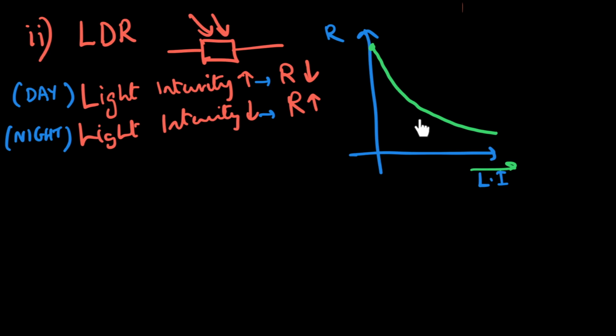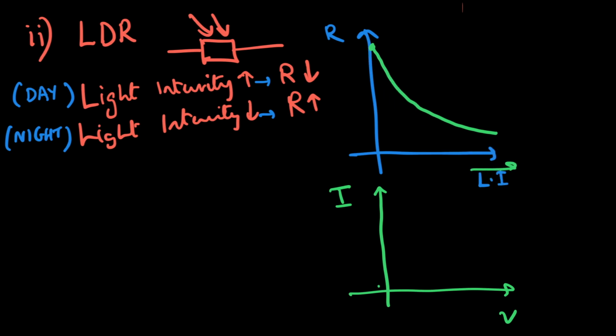Keeping this graph in mind, if you were to sketch an IV curve for this LDR, please have a look, the resistance is decreasing as light intensity is increasing.